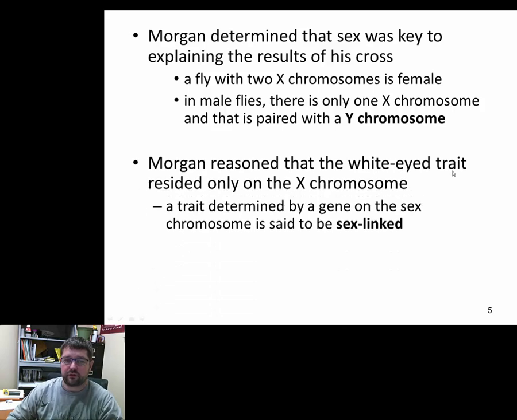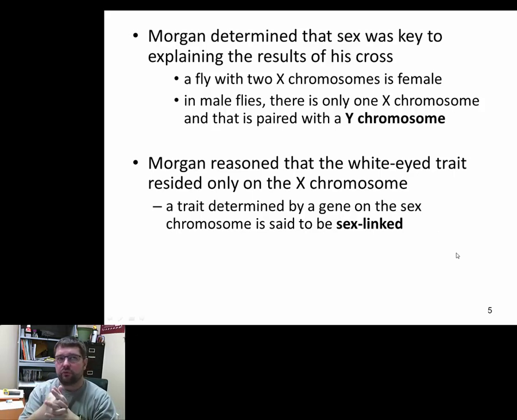Right? Just like humans. Now, Morgan said that the white-eyed trait must reside on the X chromosome, right? The sex chromosome. And that is why you only see it in a sex.